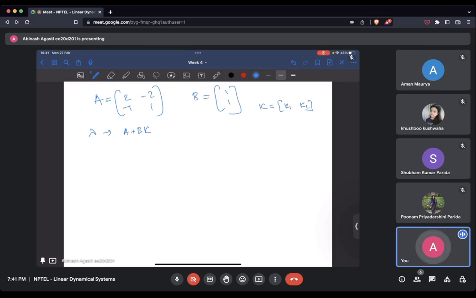So what is A plus BK? This is A plus B into K, where K is K1, K2. That means this is 2 plus K1, minus 2 plus K2, minus 1 plus K1, 1 plus K2. So find out its eigenvalues.